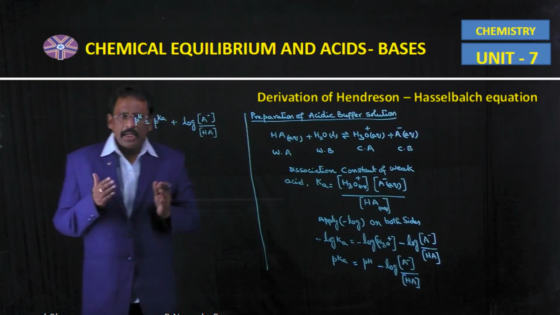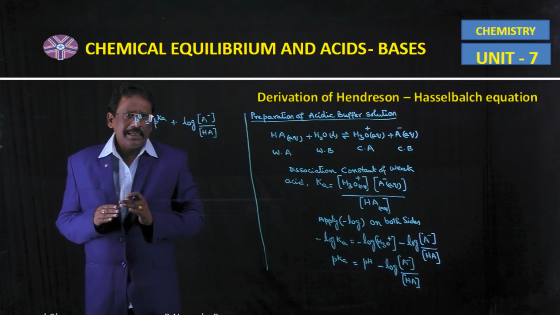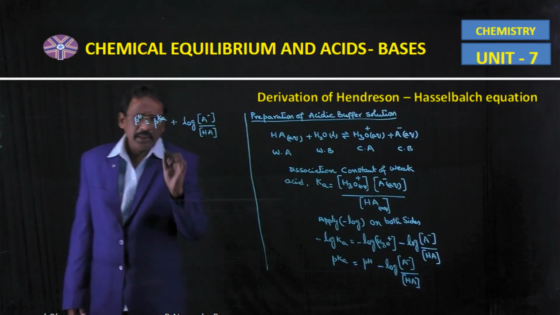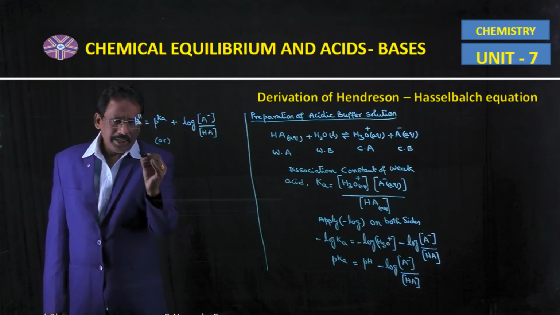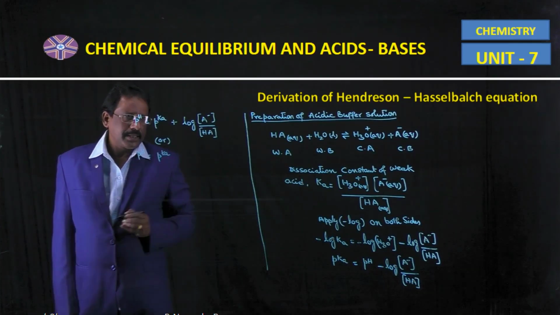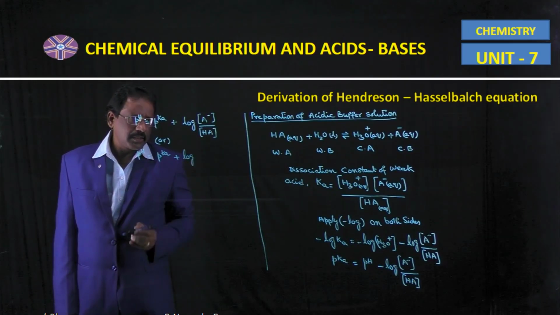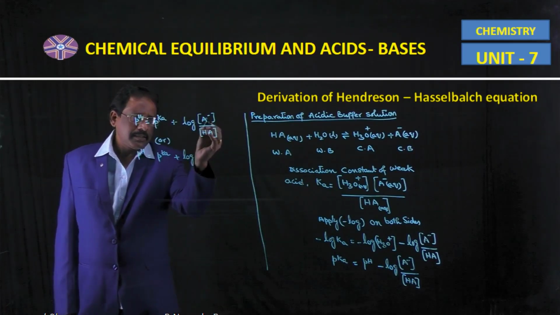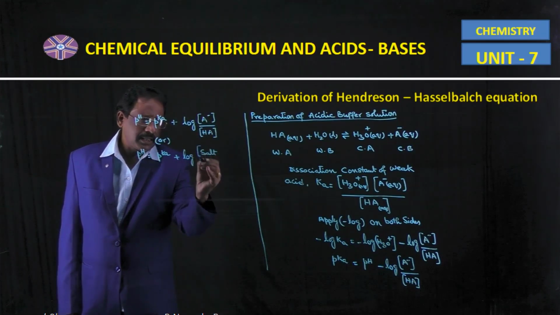So the formula used to calculate the pH of the acidic buffer solution is pH equal to pKa plus log of the active mass of the salt.